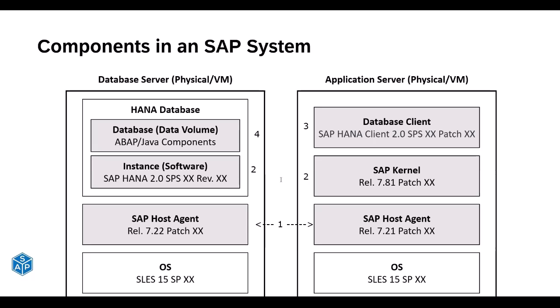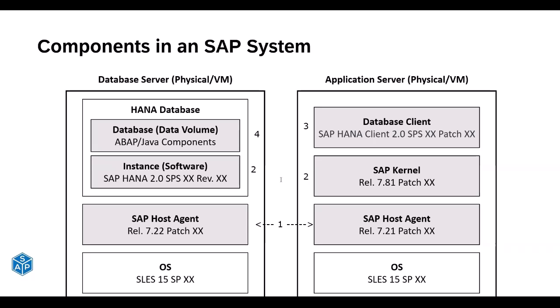The application needs it. If you install the client on the database server, not on the application server, how will the application server connect to your database? So the database client has to reside along with your application server. These are nothing but your database libraries, also called DBSL, database SQL libraries. The application server uses those libraries to communicate with your database.